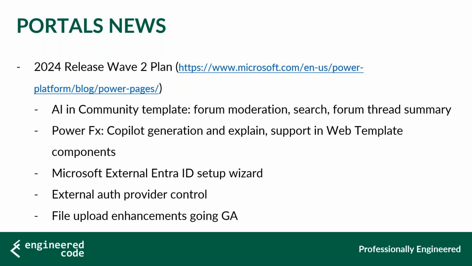Now, in advance of the release wave, Microsoft releases the release wave plan. So the next release wave to begin will start in October, and that will be release wave 2. What they've just released is the plan for that release wave. Now it is a plan. It is not a promise. It is not a guarantee. It's a "here's what we think is going to happen."